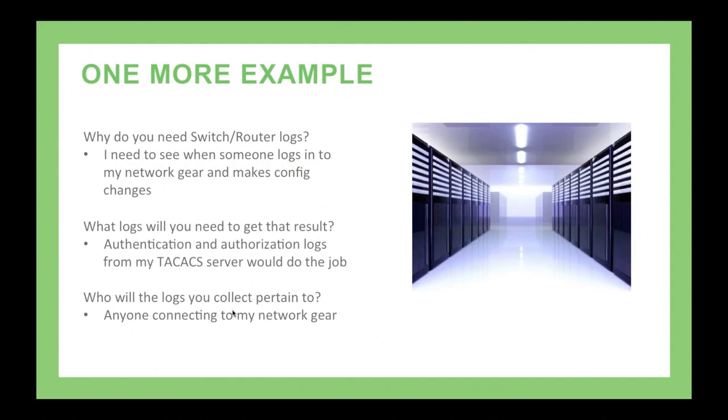And in this case, the who question really comes down to, listen, I want to know if anybody's connecting to my network gear. Because of the sensitivity of that infrastructure-related access, we don't need to boil this down any further. So the who question is really simple in this case.